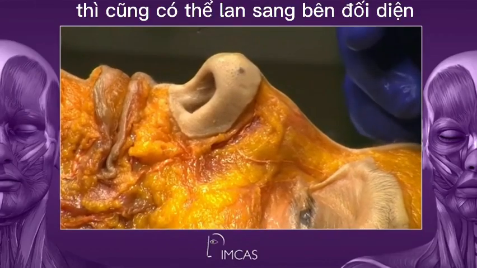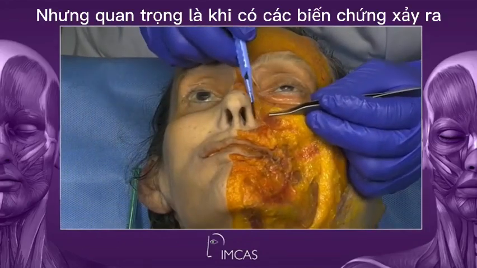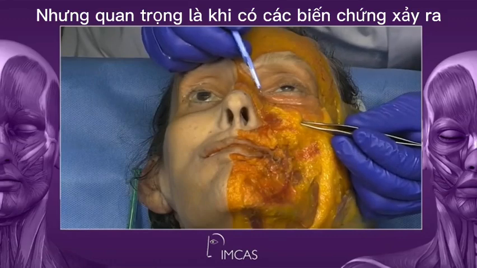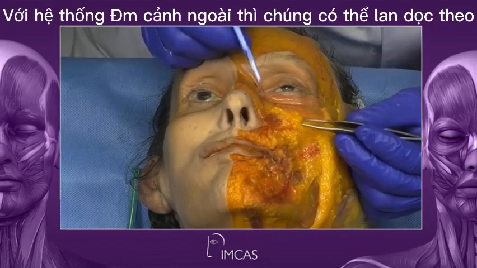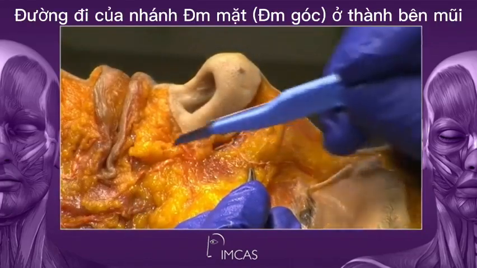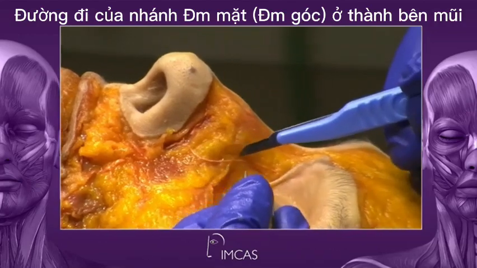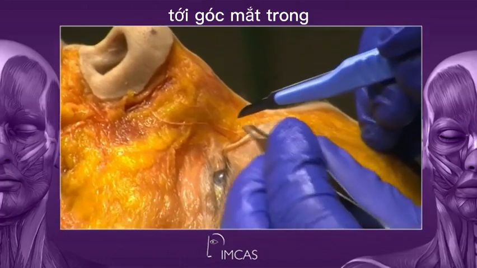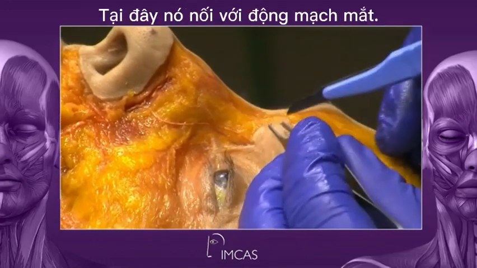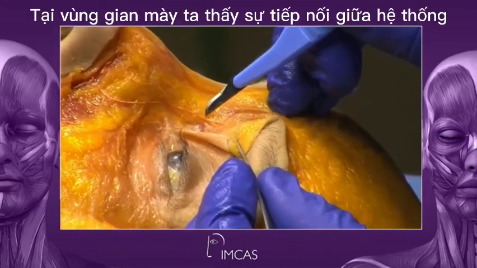But what is important is not the communication between the two external carotid systems. The problem is if you follow this branch of the facial artery along the nose, you follow it until the intracanthal area, in the globular area here.